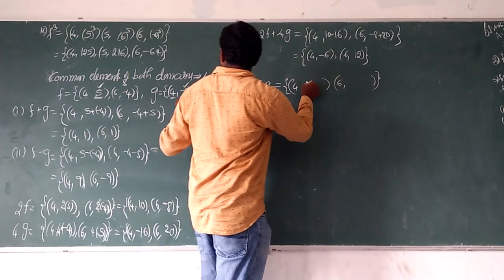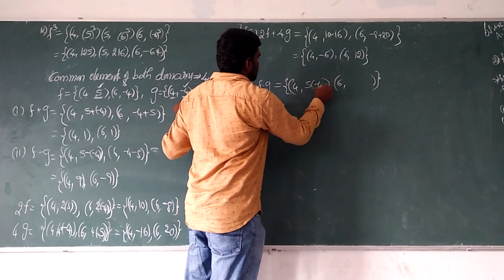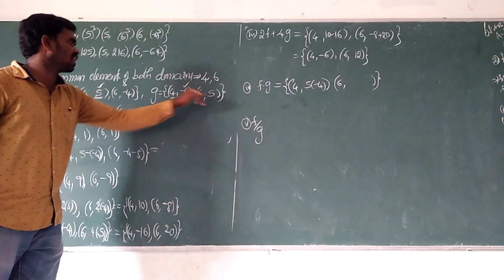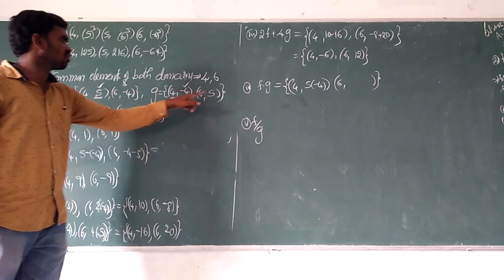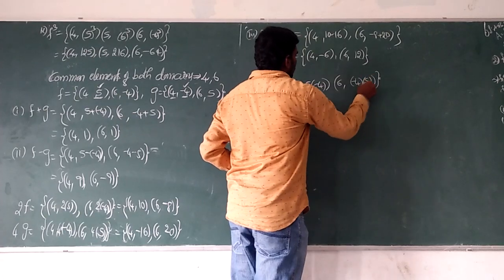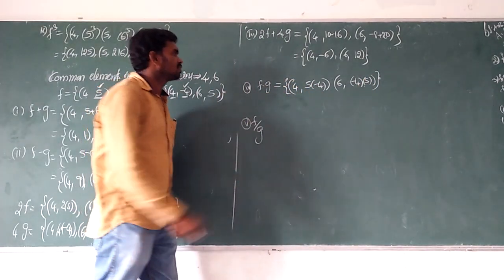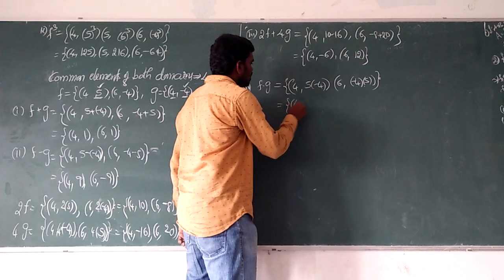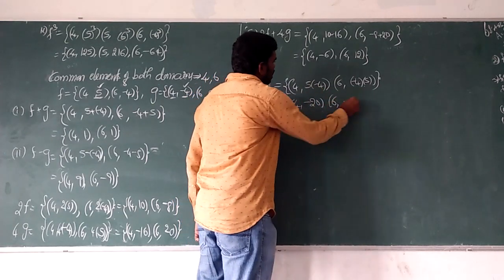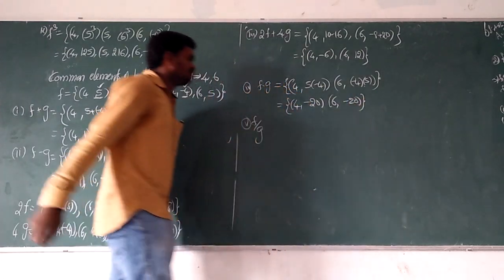Next, for 6, here minus 4 and here 5. So minus 4 into 5. Why multiplying? Because we are multiplying here. In the question, what is it asking? Do that one. 5 into minus 4 is minus 20. And 6 comma minus 20. So this is f into g.